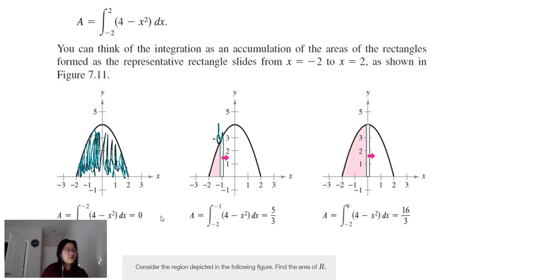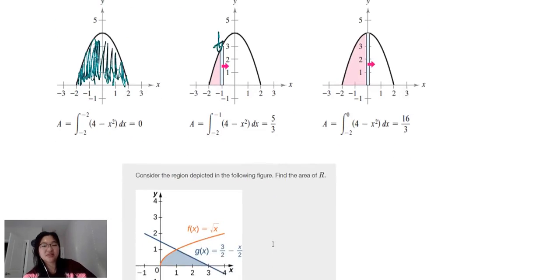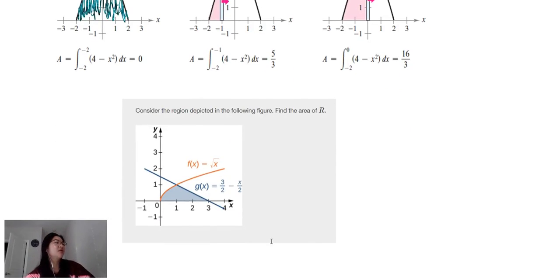This tiny rectangle is going through, and you're adding up all of those areas of those tiny rectangles. I guess we can call it a representative rectangle. I don't know. Tiny rectangle is fun. So, accumulation is when you're looking at an integral as you're moving.